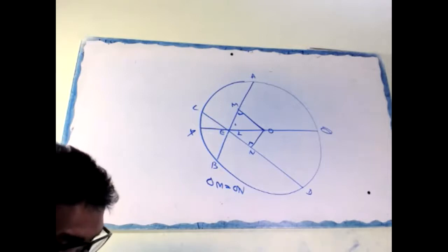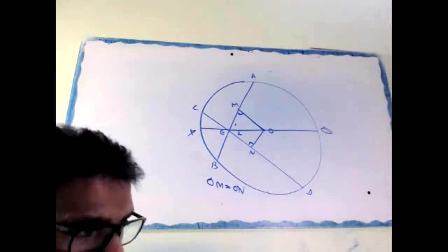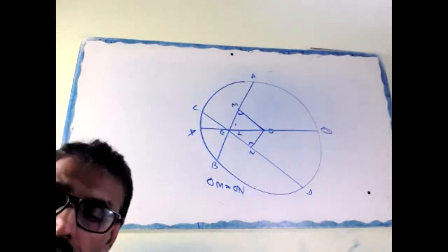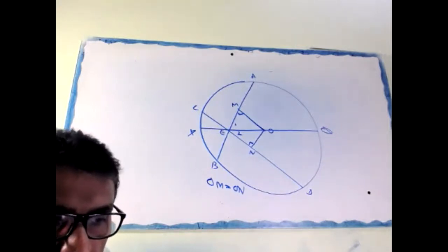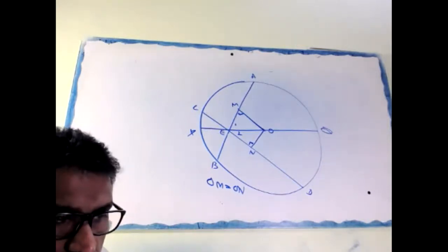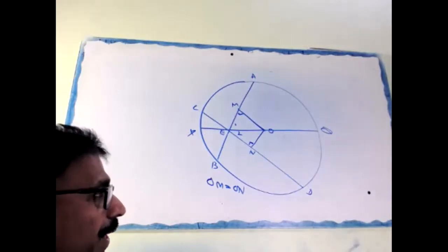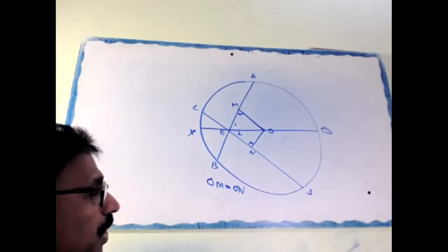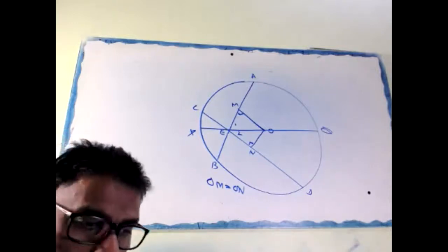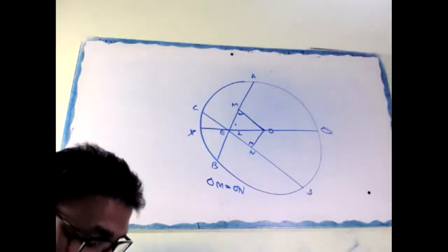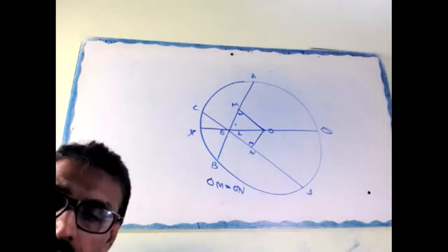To prove: AB equal to CD. Then construction: draw OM and ON perpendicular to AB and CD.